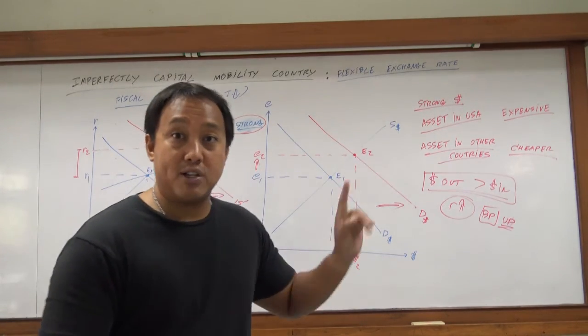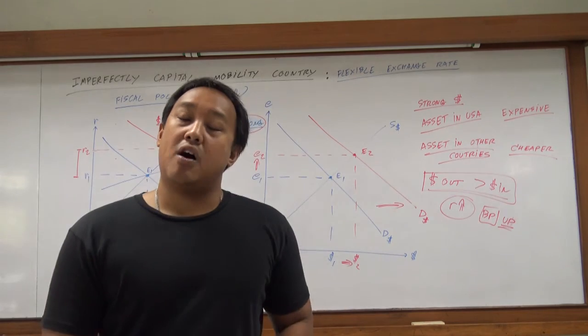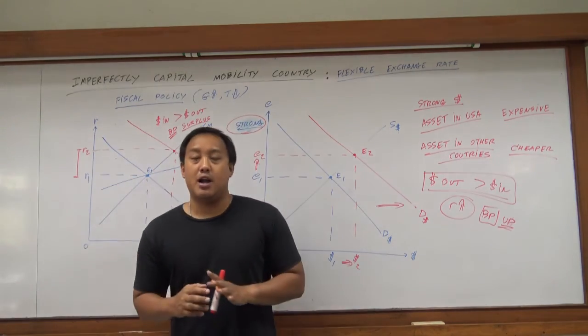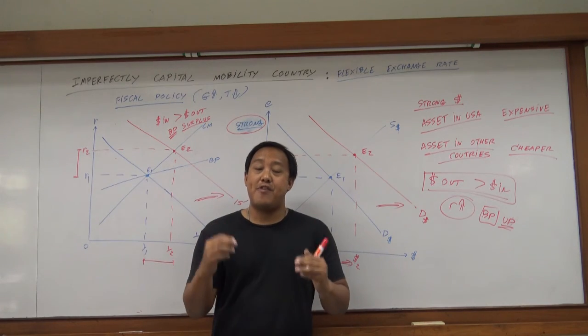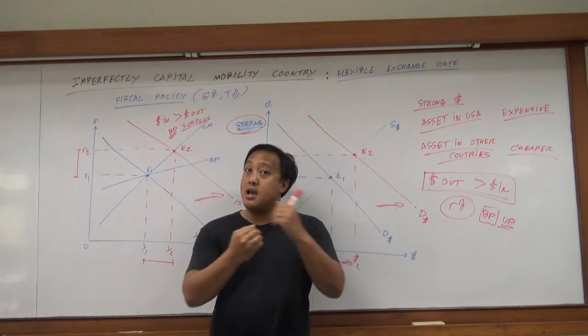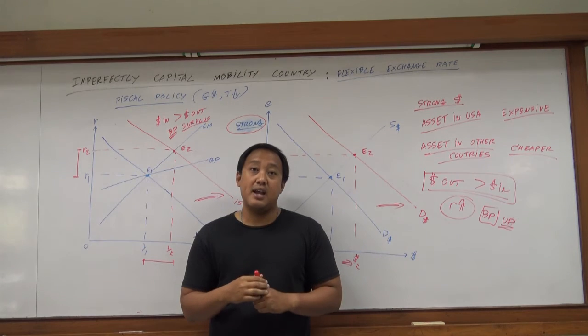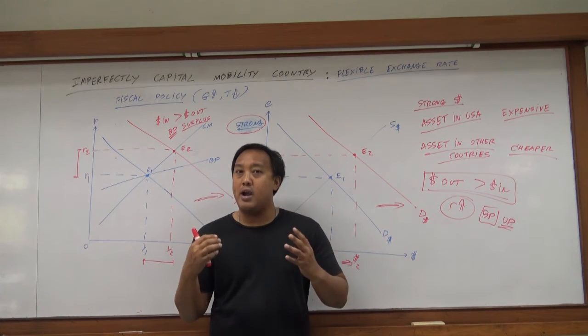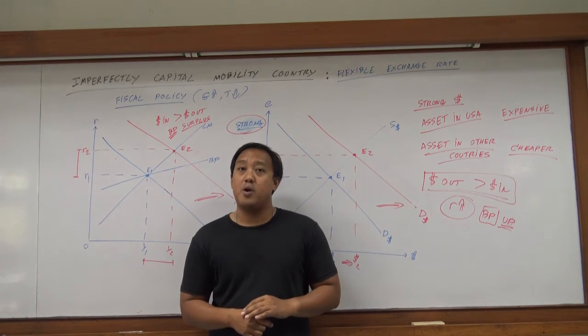Okay, again, one more time. When US dollar becomes stronger, they have the effect on the behavior of the movement of the capital. When US dollar becomes stronger, all the assets in USA look more expensive to the rest of the world.